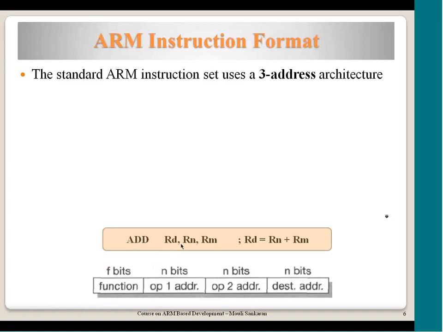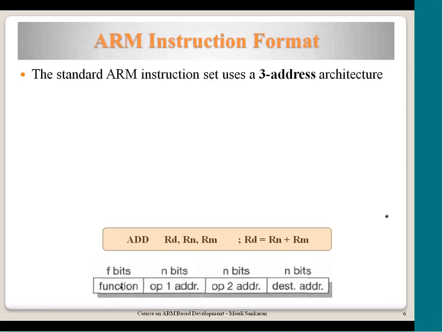Now these registers could be anything from R0 to R15, and you have to remember that R15 has some special restrictions because that is the PC, the program counter. Other than that, other registers could be used here to perform this operation. Now how is it encoded into a 32-bit instruction? The total width of this is 32 bits. I have not shown all the intricate bit details of this instruction.